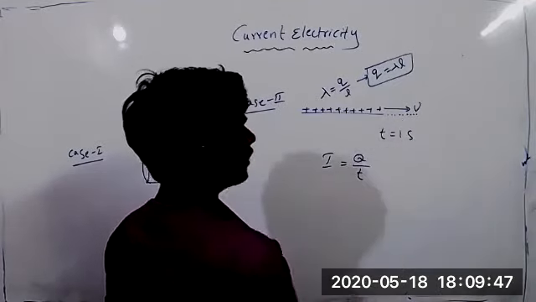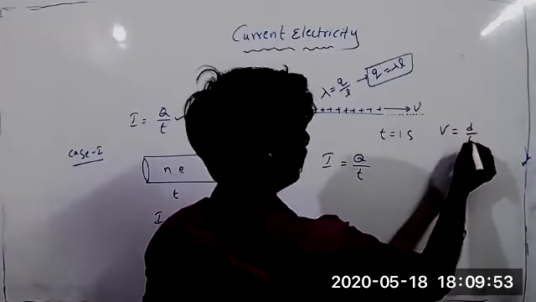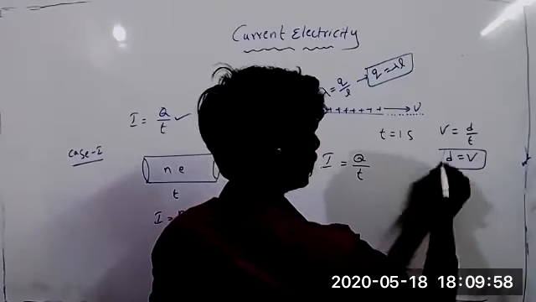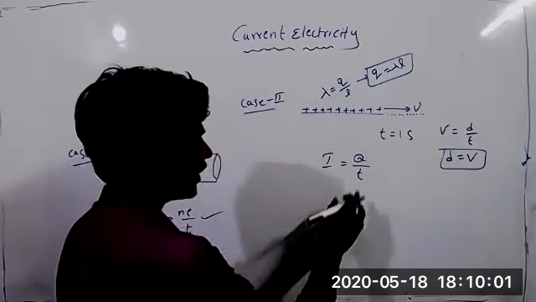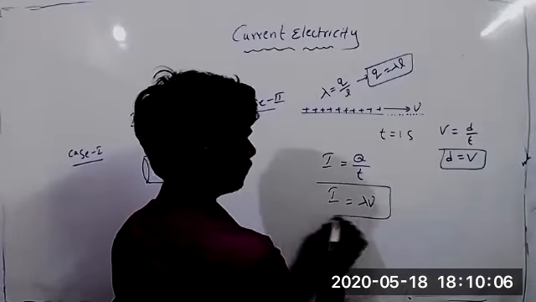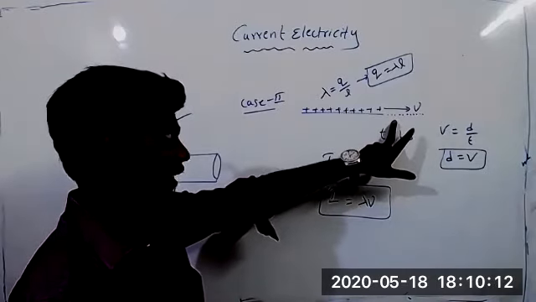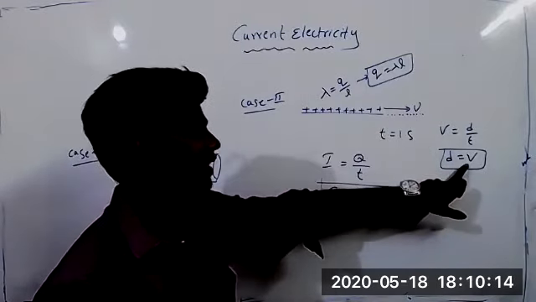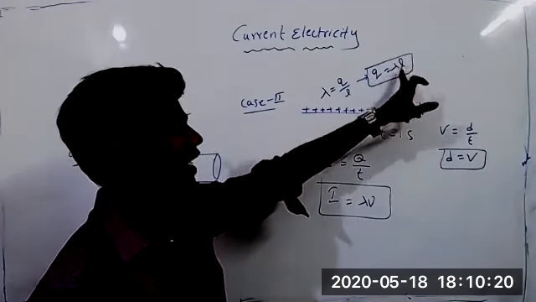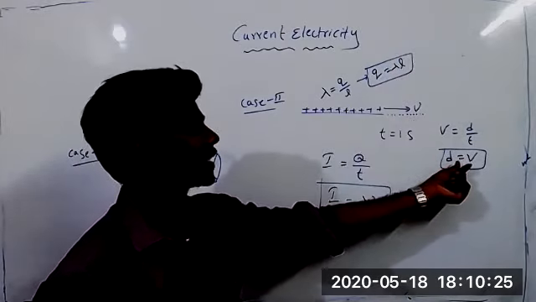In t equal to 1 second, how much distance will it travel? Velocity equals distance by time. Let t equal to 1 second, so distance itself is velocity. Here L is the length, so take v, because in 1 second v distance it travels.